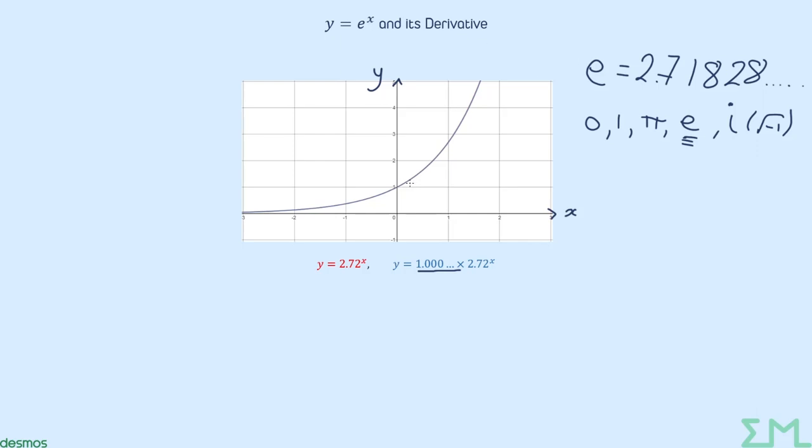And this is why. It is because it is the function that brings itself back, exactly itself, when you differentiate it. So I'm just going to bring up the little formula box here. This is the bit we've just covered. There we go. So when y equals e to the x, dy by dx equals e to the x.